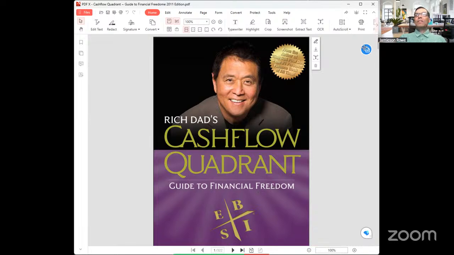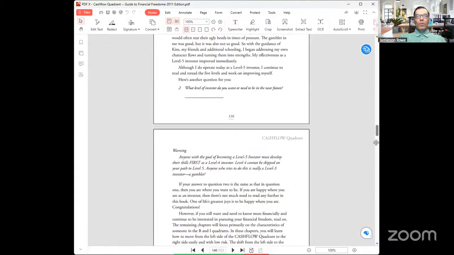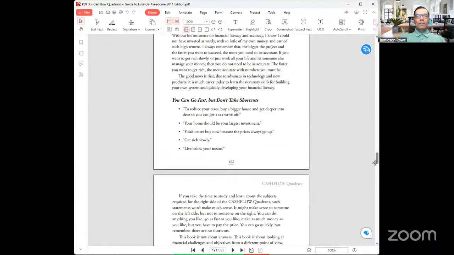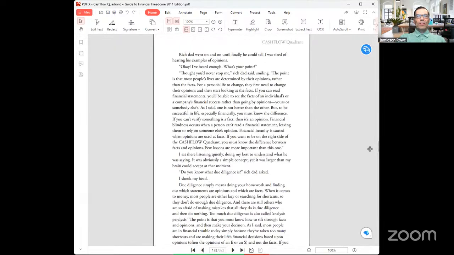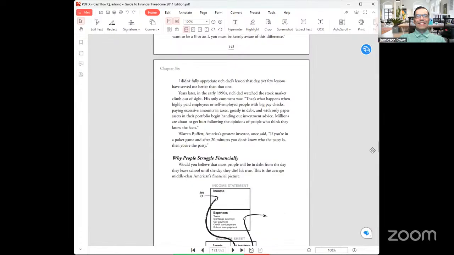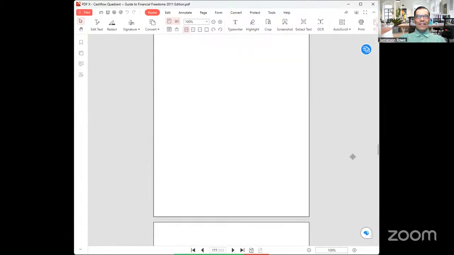Anyway, we're continuing on with page number 48, excuse me, in chapter 6 is where I'm trying to go with this thing. And where are we at? There we go.